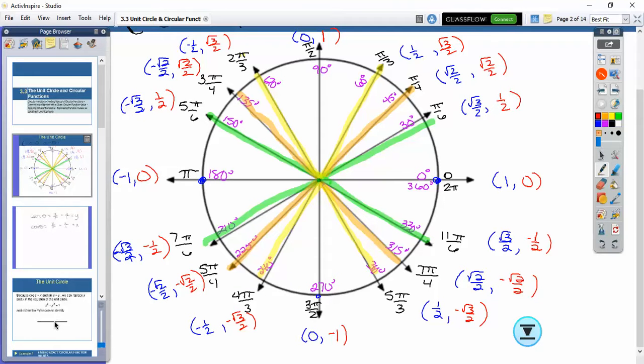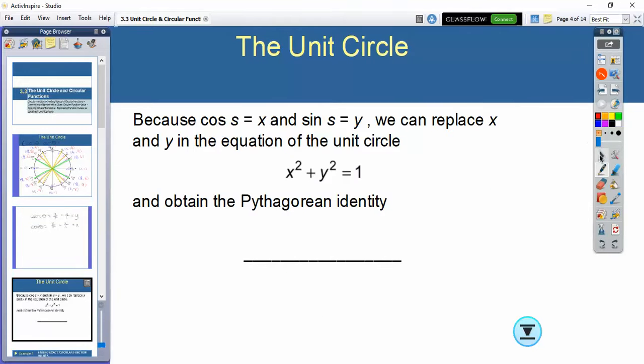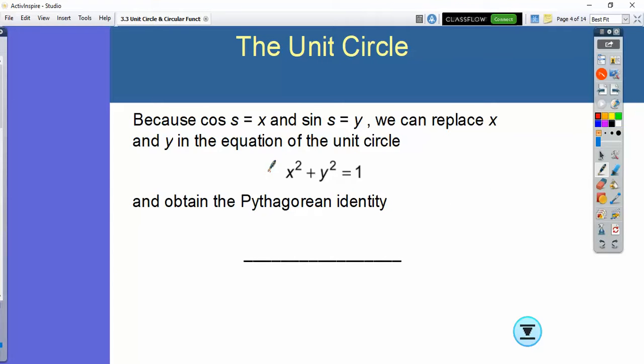One thing I want to mention, we have seen this formula before, but remember, if we were talking about a triangle, x squared plus y squared equals r squared. In the unit circle, your radius is 1. We know the x is cosine, y is sine, so cosine squared plus sine squared equals 1.